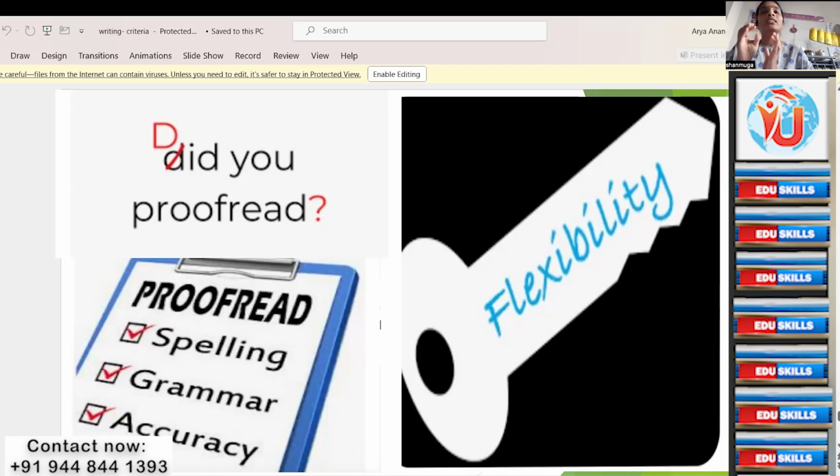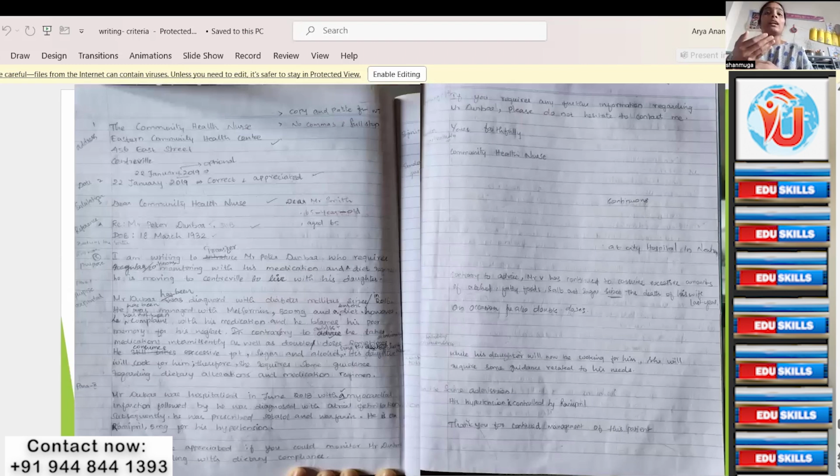After that, take 5 minutes and make a small plan: what information needs to go in the first paragraph, what information needs to go in the second paragraph, what is my purpose, like that. Make it as brief notes if you can, otherwise no problem, you can leave it out. Then you can start writing your letter. After writing your letter, leave 5 minutes for proofreading to find your mistakes.